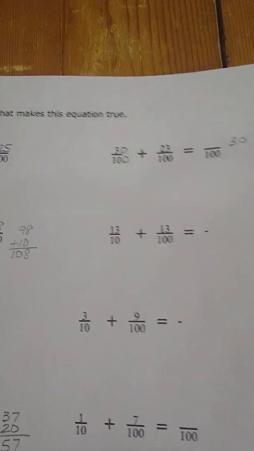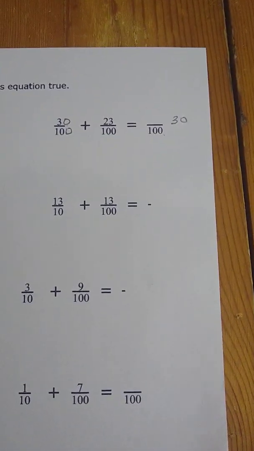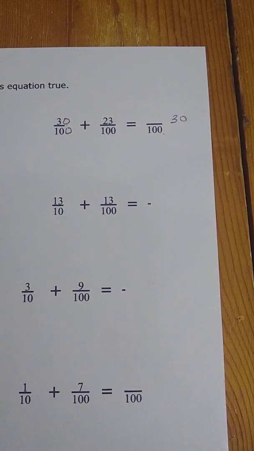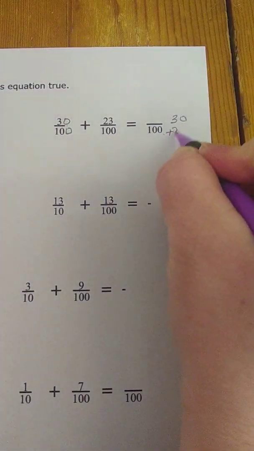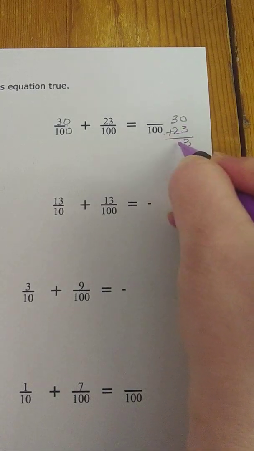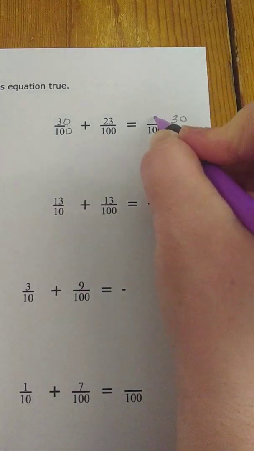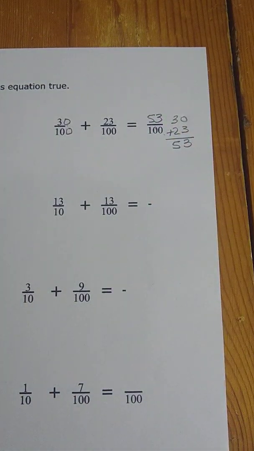I kind of have a little jimmy rigged little device going here. So 30 plus 23, 3 plus 0, 3 plus 2. So 53 hundredths.